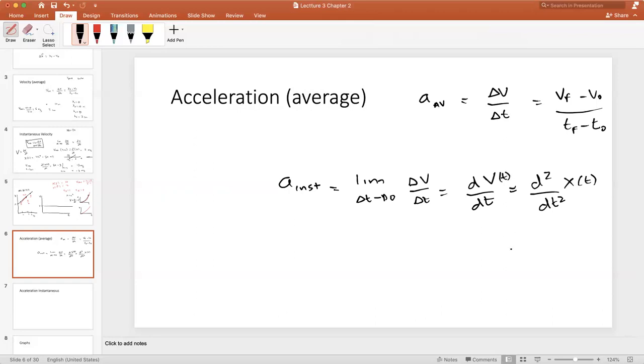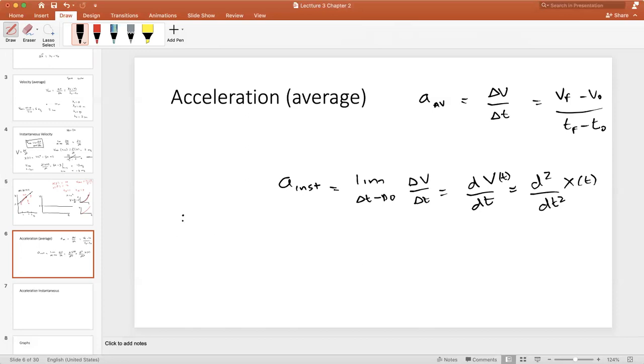I should write that to be specific. But the velocity is the first derivative. It's the rate of change of the position. And the acceleration is the rate of change of the velocity, or the second derivative of the position. It's the rate of change of the rate of change of the position function.